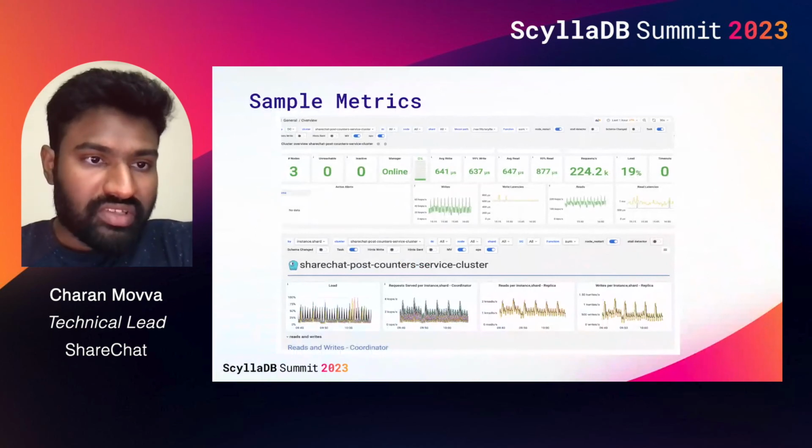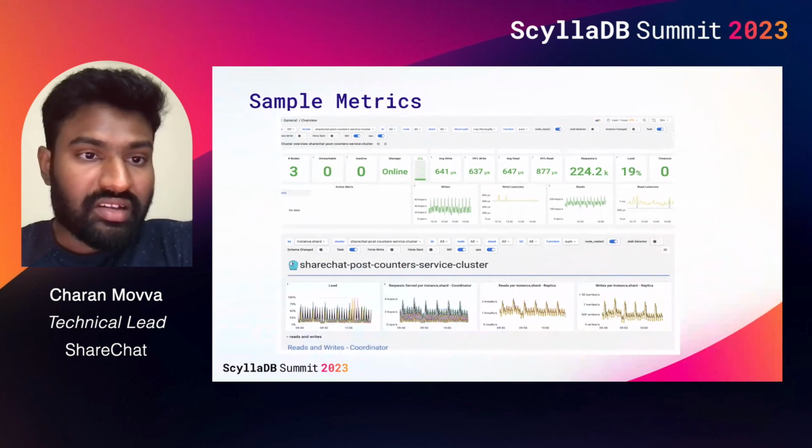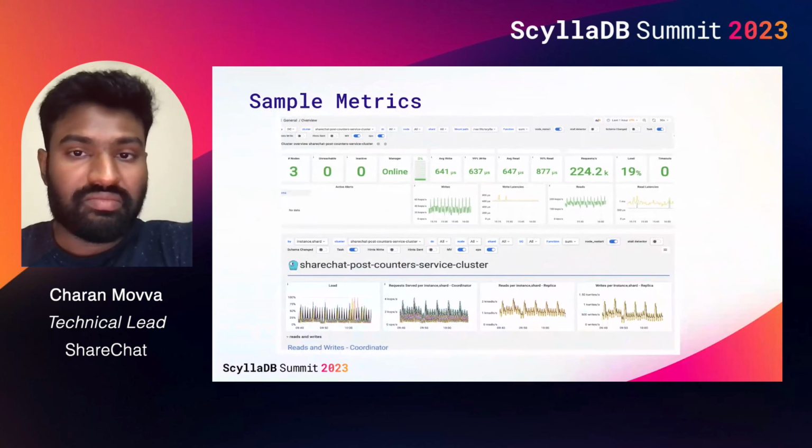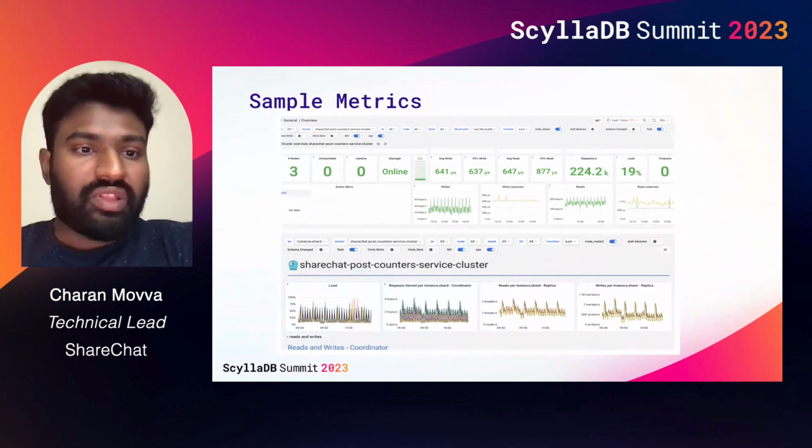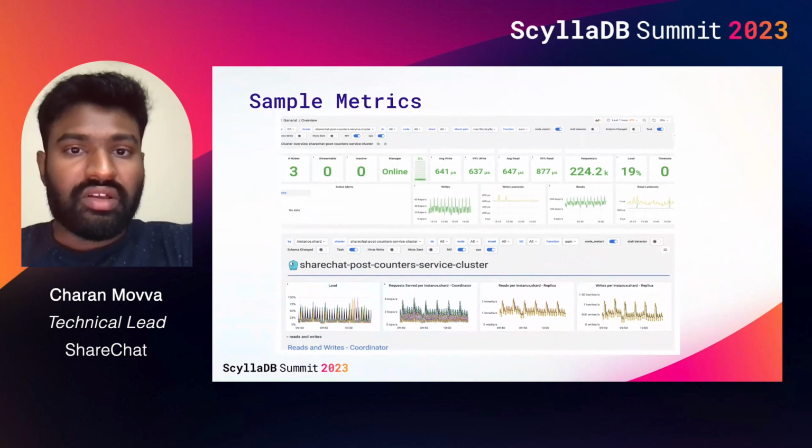And on the top of this particular image, we can see that the P99 read and write latencies are in microseconds. And this is again with a good amount of read and write ops on the cluster.